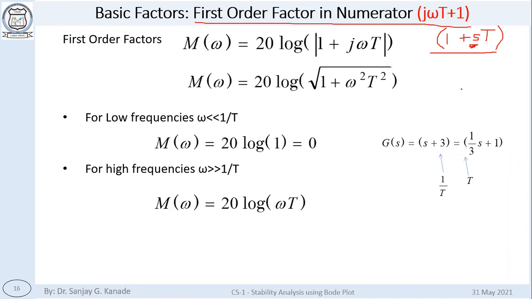For this factor, 1 plus sT, when we convert it into the frequency domain transfer function, it is 1 plus j omega T. The magnitude of this, expressed in decibels, is 20 log of M, where M is the magnitude of 1 plus j omega T. Applying the formula for the magnitude of a complex number, you get 20 log of the square root of 1 plus omega squared T squared, that is, real part squared plus imaginary part squared, whole under root.